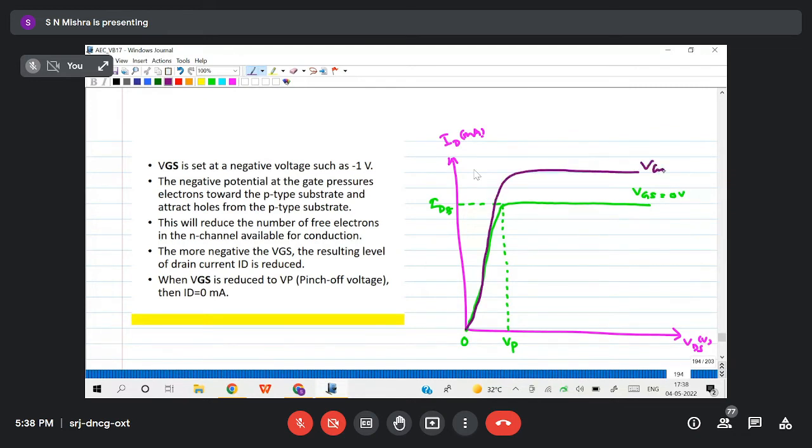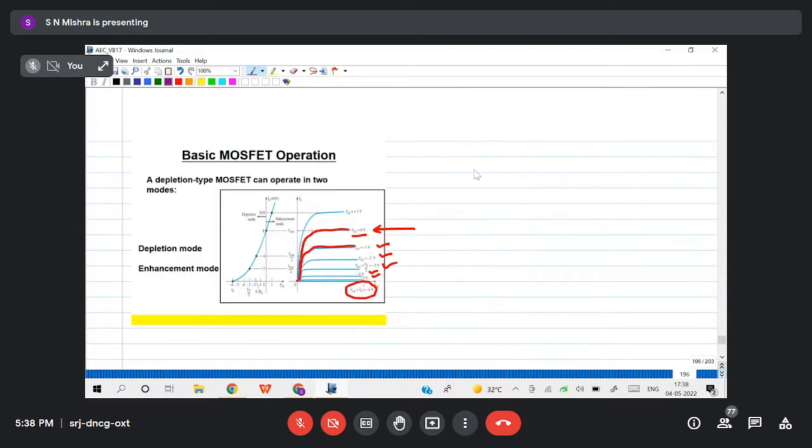This is VGS plus 1 volt, and when I apply negative voltage, this will be minus, and current will decrease. That is shown here. When I apply negative voltage, current is decreasing because the number of electrons in the channel is reducing. When I apply positive voltage, the number of electrons in the channel will increase, so I am getting more current.